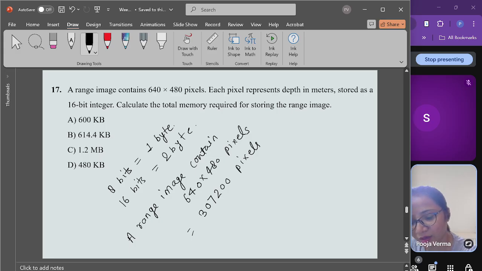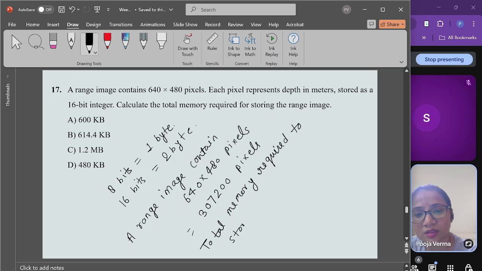Okay. So now this is used to store 16-bit integer, right? So the total memory required to store 16-bit integer in that form would be 307200 into 2.